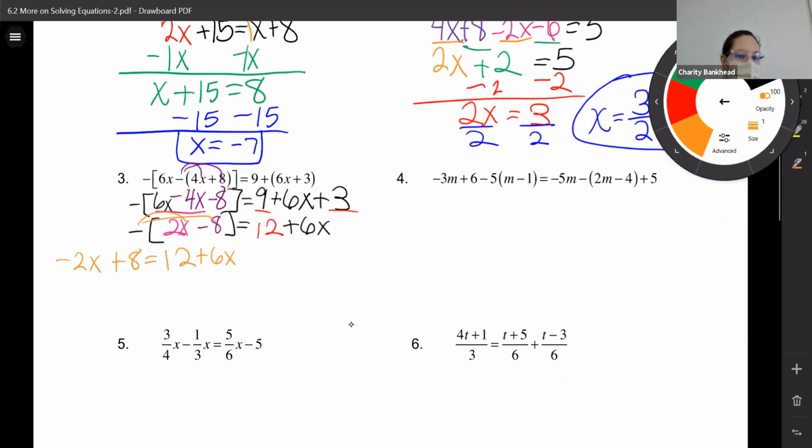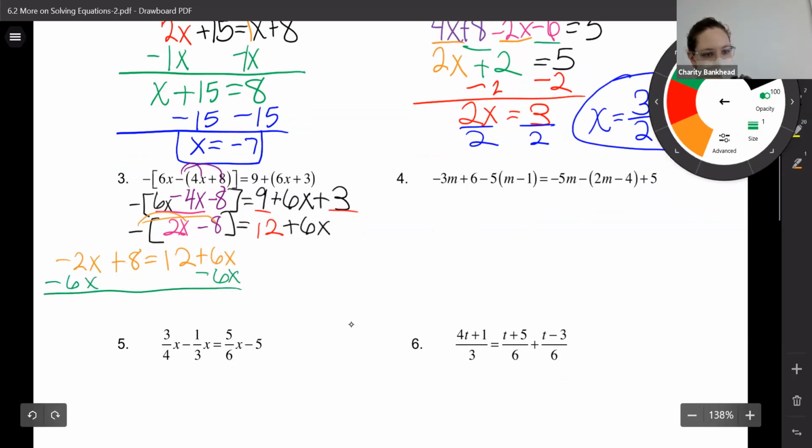All right, so now both sides are fully simplified, and I just need to get the x's to one side. So I will do that by subtracting 6x from both sides. And that gives me negative 8x plus 8 equals 12.